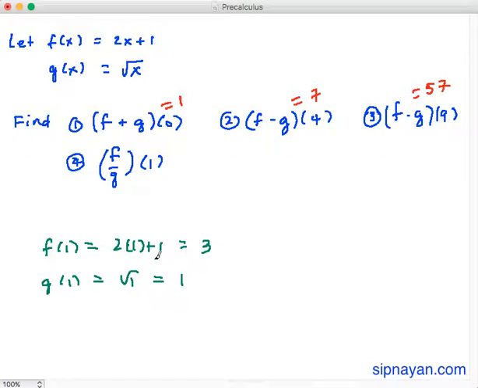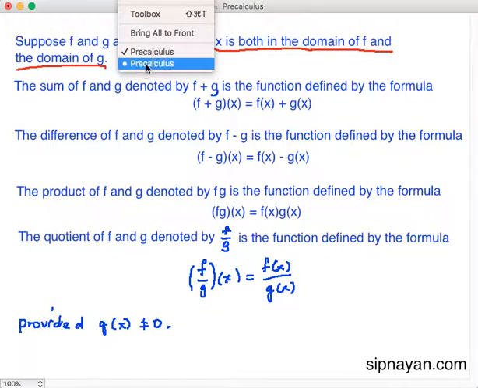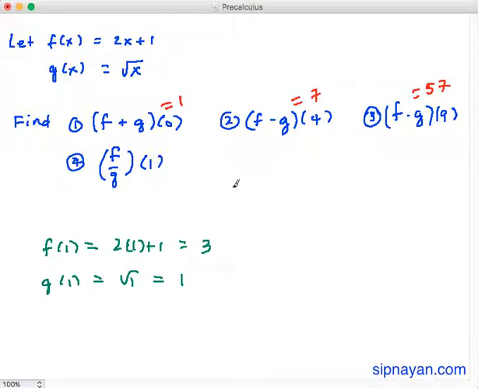So, what is (f over g)(1)? Ano ang meaning nito? Sa definition natin, f of x over g of x din. So, same. I think it's the same as the other. So, f over g of 1 is the same as f of 1 over g of 1.